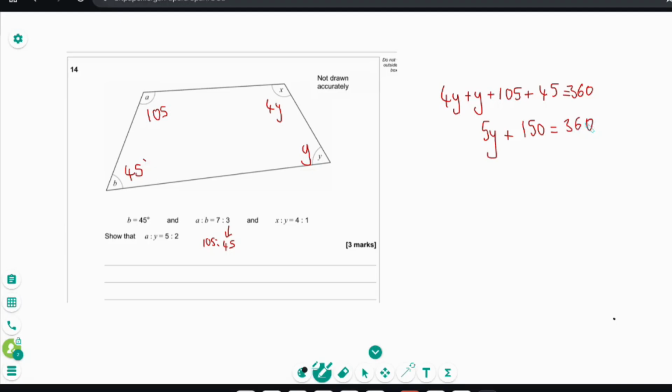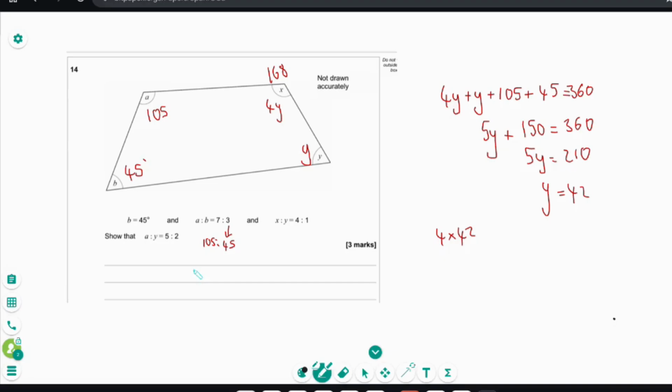So take 150 from both sides. Divide both sides by 5. Gives us y is 42. If y is 42, x is 4 times 42, which is 168.